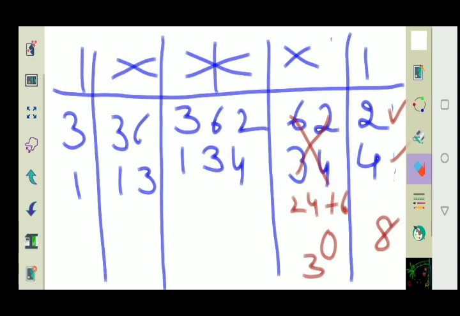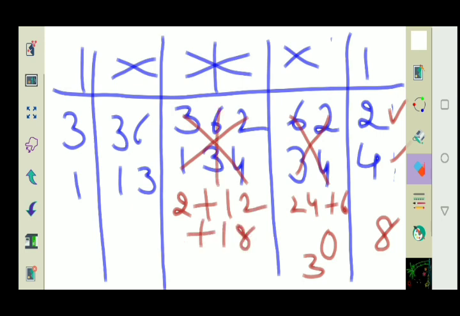And then the middle portion, multiply the diagonal numbers and the vertical number. 2 1s are 2 plus 4 3s are 12 plus 6 3s are 18. So we are having 32.